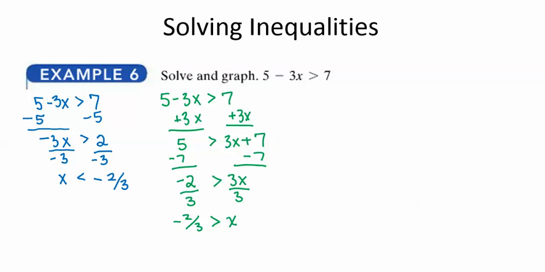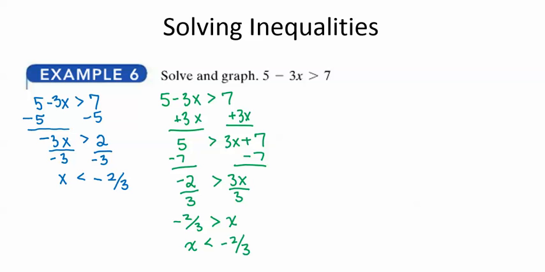When we do that, we read x is less than negative 2/3. We write it the way that we read it, x is less than negative 2/3. And you can see that we ended up without having to reverse the direction of the inequality. We just wrote it in the order that we read it from right to left.